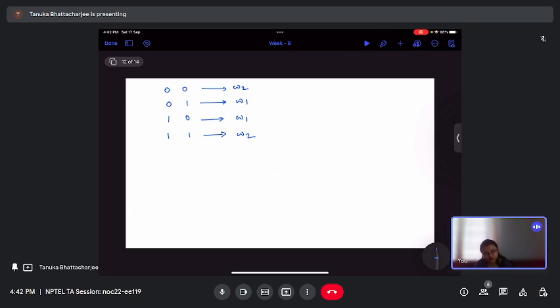So, now let us plot these also to check for linear separability. So, 0 0 is in class omega 2, 0 1 is in class omega 1, 1 0 is in class omega 1, 1 1 is in class omega 2.